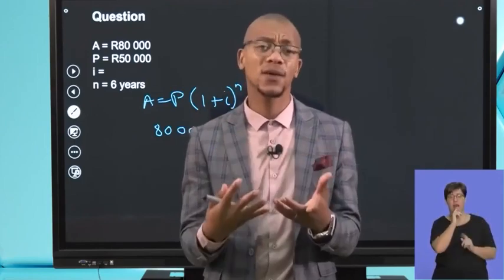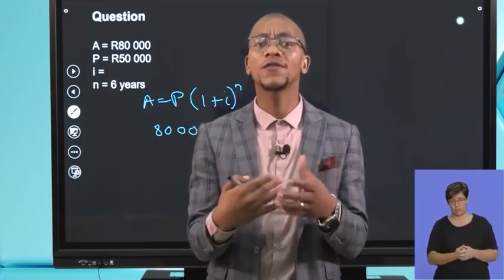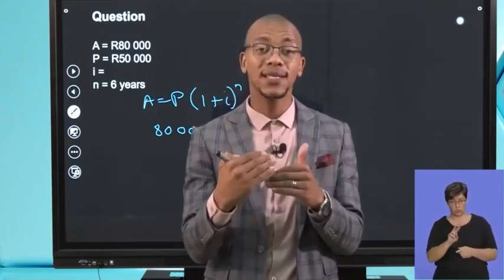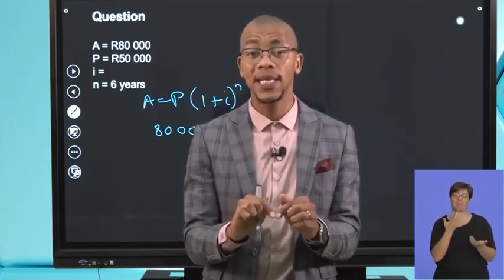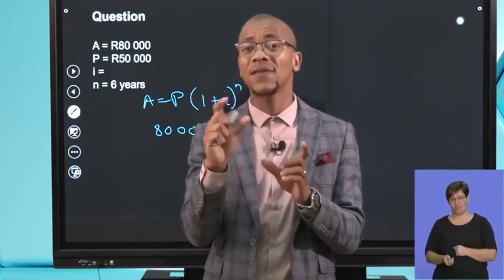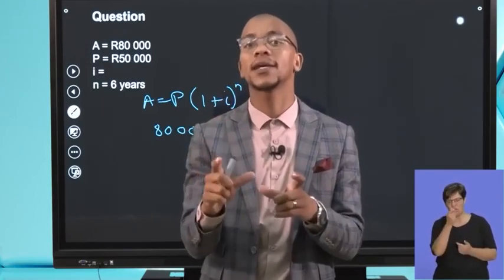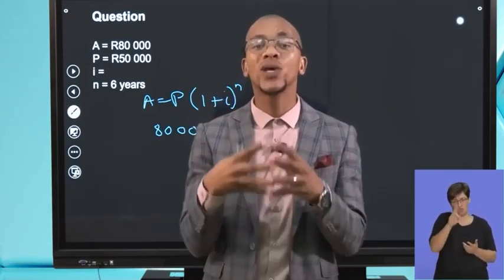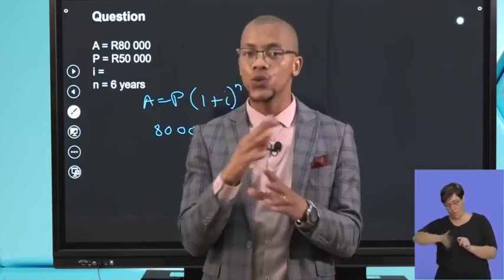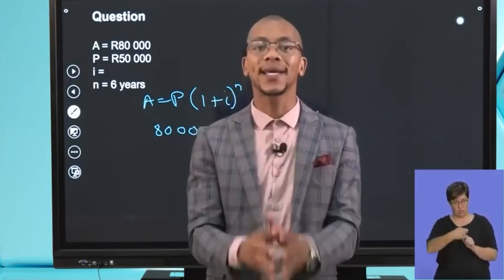That's one of the ways you can do this, because as soon as you round off in the midst of calculating, it makes the final answer incorrect by a few decimals or a few rands. So in financial math, we only round off when we get to the final answer. Throughout the calculation, you use the decimals as you are getting them.